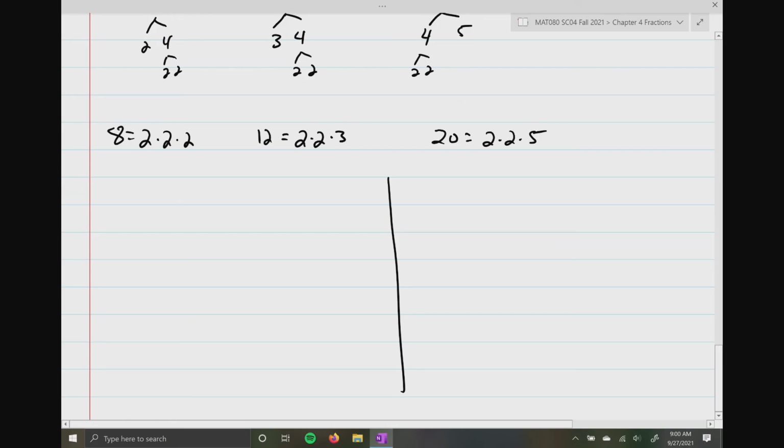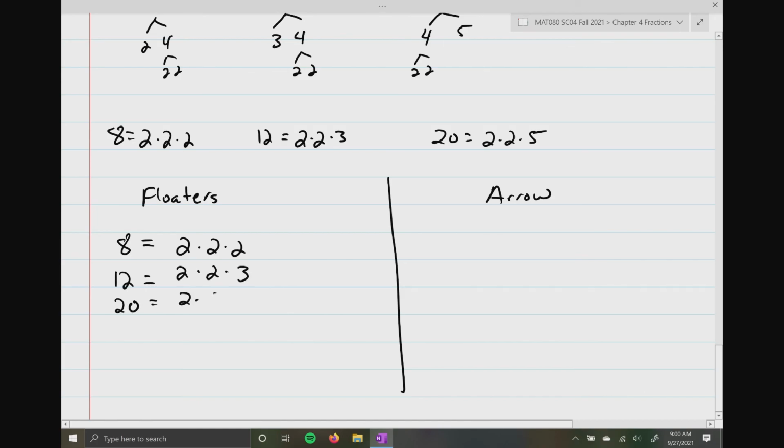So this will be floaters, and this will be the arrow. So 8 equals 2 times 2 times 2. 12 equals 2 times 2 times 3. And 20 equals 2 times 2 times 5. So do my method first.